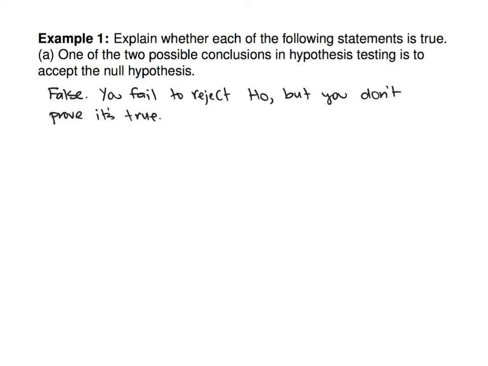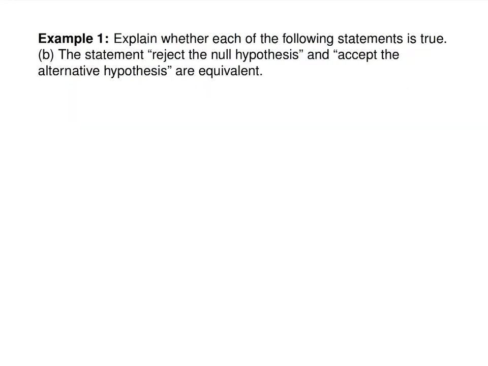You just don't know. The statement, reject the null hypothesis and accept the alternative, are equivalent. And this is true. If you reject H naught, you do so in favor of HA.